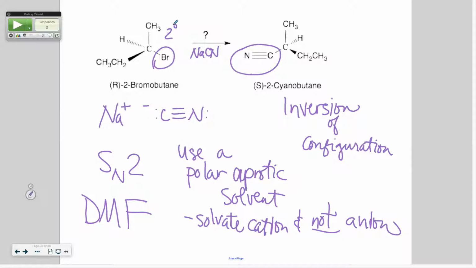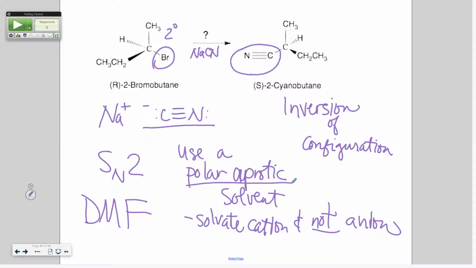If it's methyl and primary, it's really hard to do carbocation, SN1 mechanisms. If you're secondary, you're in between. Okay, so you want to have a strong nucleophile in a polar aprotic solvent to make it even more nucleophilic, and then you will get your inversion.